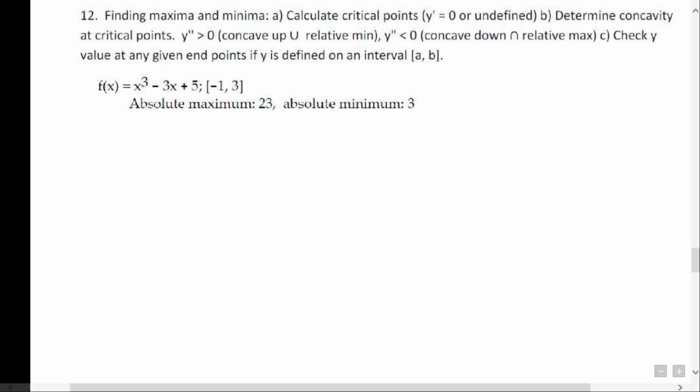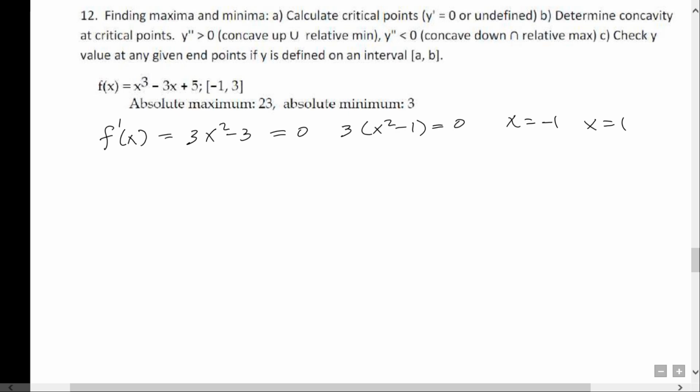So first of all, calculating the critical points, we get f prime of x is equal to 3x squared minus 3. Set it equal to 0. We get 3 times x squared minus 1 equals 0. So x equal minus 1, x equal plus 1 are the critical points.